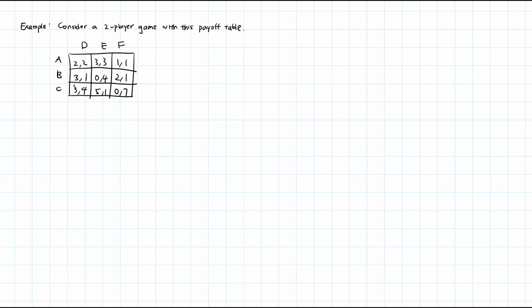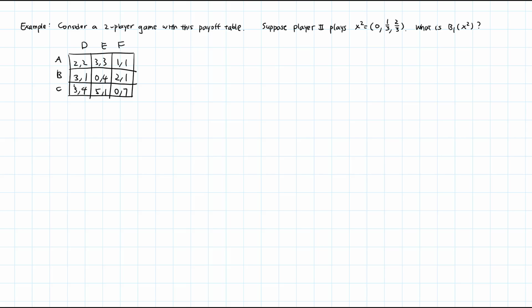For our next example, let's consider a two-player game with this payoff table. Suppose that player 2 plays the strategy x2 equal to 0, 1/3, 2/3. So what is the best response for player 1?